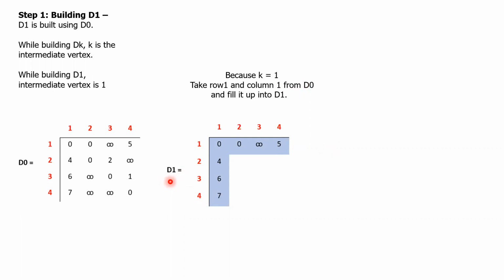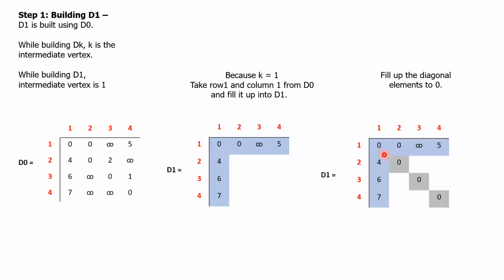So while building D1, the intermediate vertex is the first node, so go to D0, take row 1 and column 1, and fill them as they are into the D1 matrix. Then fill diagonal elements as zeros. Diagonal elements will always be zeros. So fill those parts also. Then start filling up the remaining values.